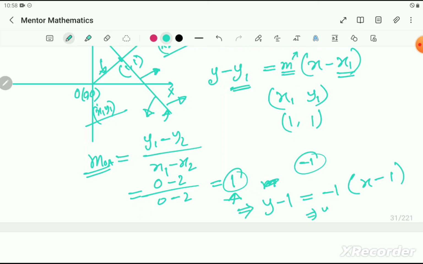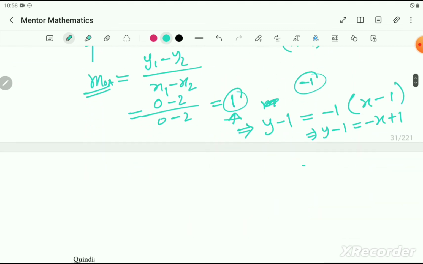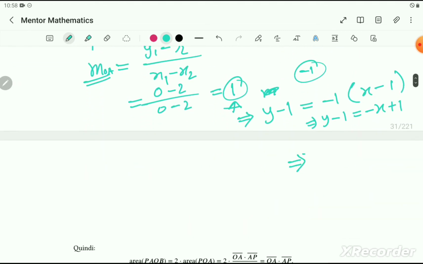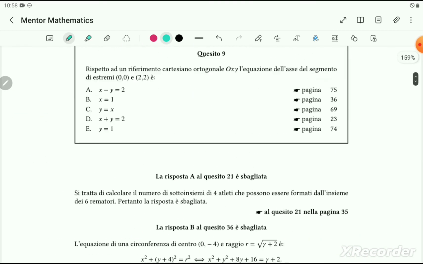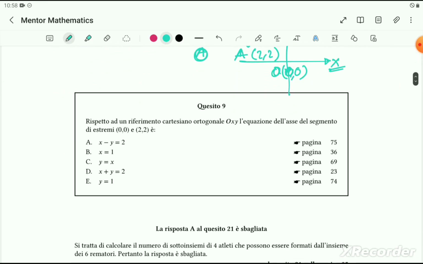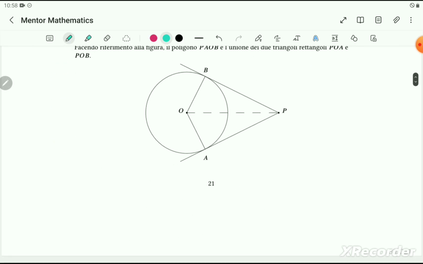Therefore it becomes y minus 1 equals minus x plus 1. Then we can write it this way: x plus y equals 2. So this is our answer. Then let's go up. Yeah, D is our answer.